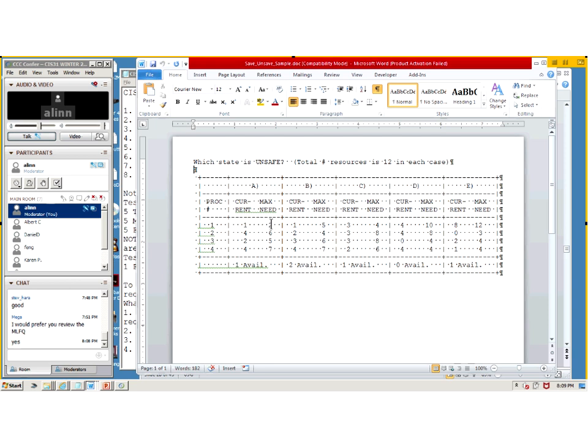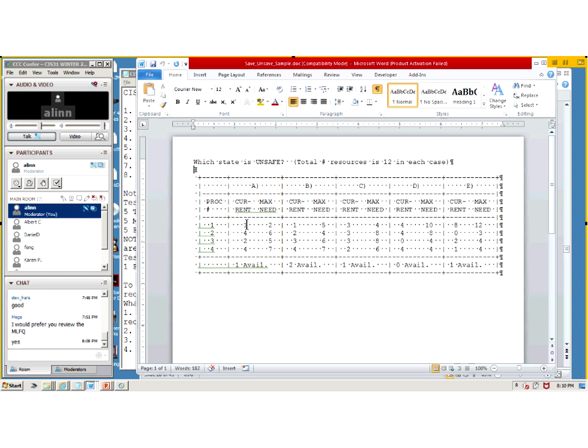For process 1, it needs 2 of these resources. First, we have a total of 12. We're only doing 1 resource, which makes this really easy. We have 12, let's call them printers, I don't care. There's 12 of them. Process 1 needs 2, process 2 needs 6, process 3 needs 5, process 4 needs 7.